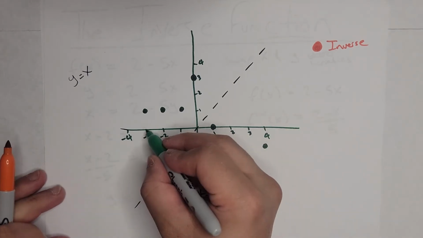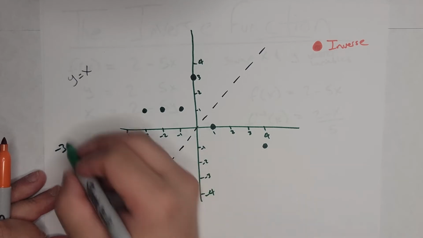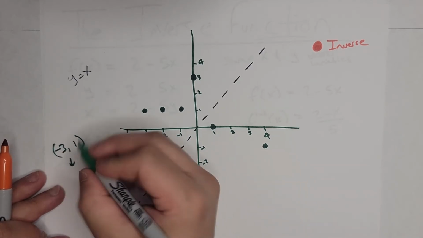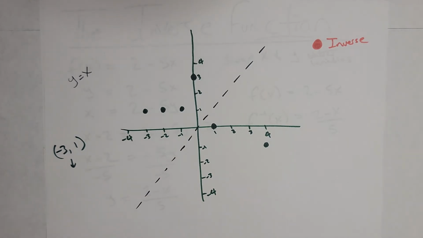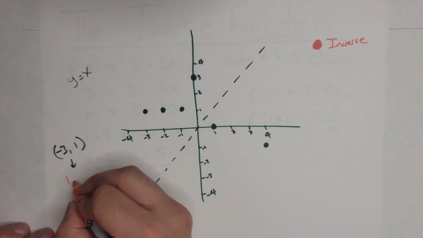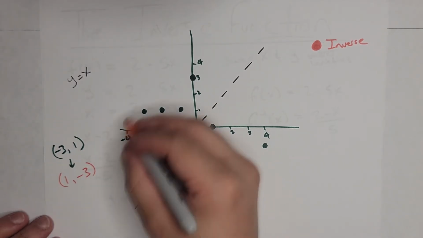If we had this point, -3 comma 1, this will become -3, and same with all of them.